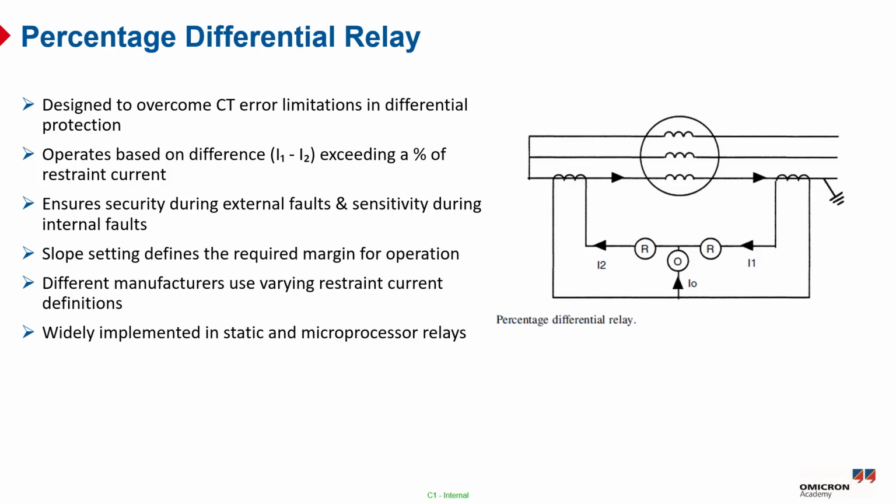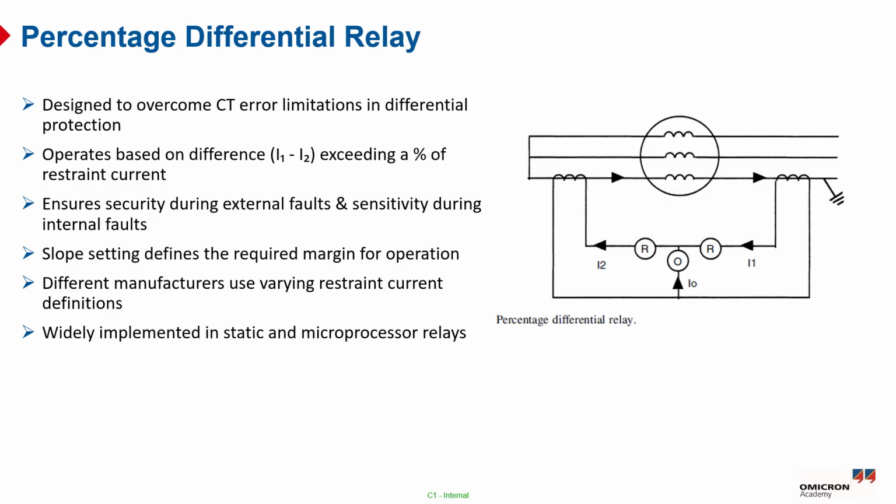The slope, or the percentage, defines how much higher the differential current must be in relation to the restraint current. For example, a slope of 20% means the differential current must exceed 20% of the average current to trigger the operation. Also, restraint current may be calculated as I1 plus I2 divided by 2, or the absolute of I1 plus the absolute of I2, or the maximum of I1 and I2.